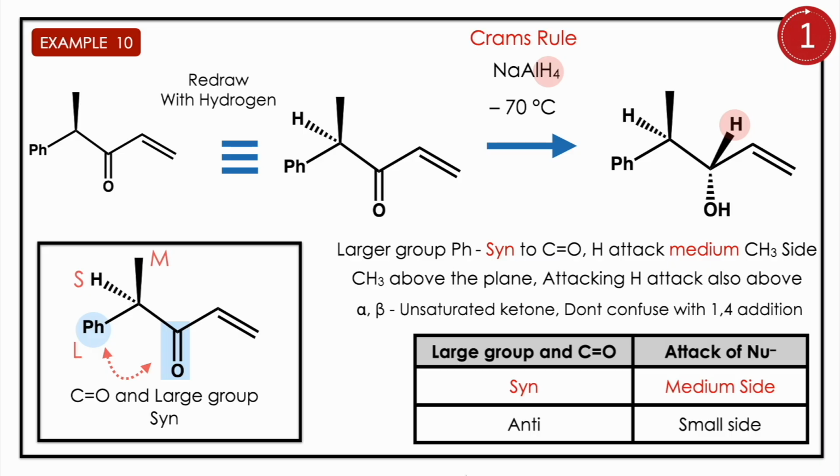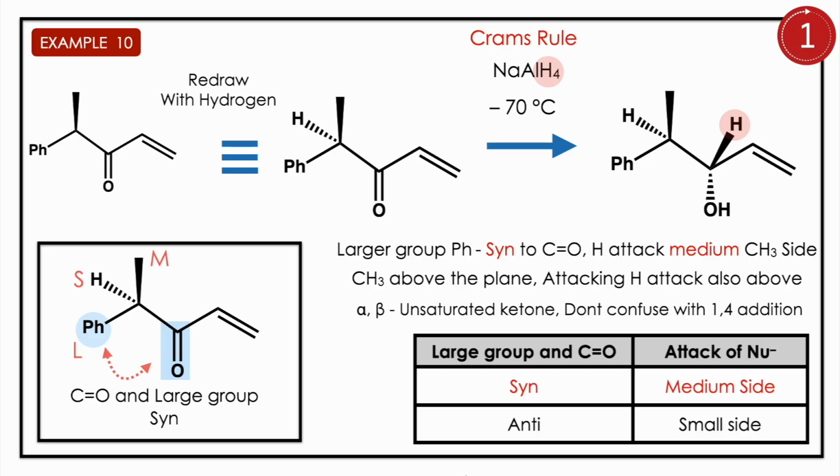So obviously Cram's rule. First step will be identifying the medium, small and large groups. Here the large group is phenyl, medium is methyl, small group is hydrogen. Next you should find the relationship between the large group and the carbonyl. Large group and carbonyl are syn to each other, which means attack will be on the medium side.